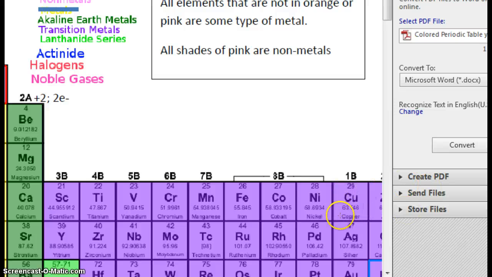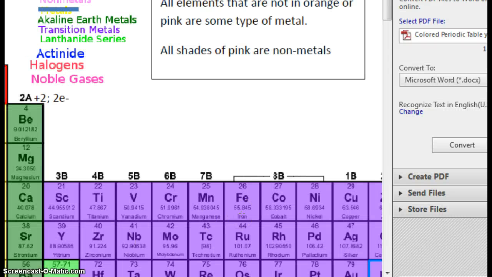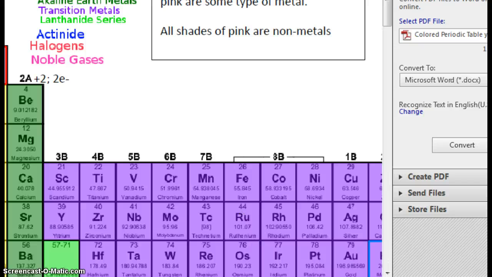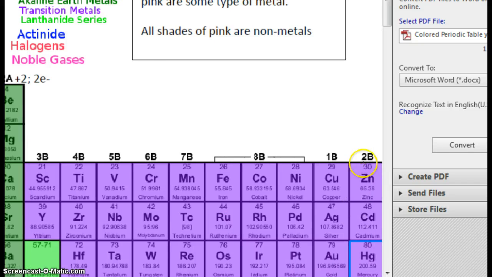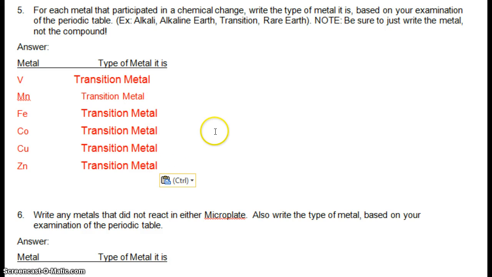Here's copper. So copper is a what? Copper too is a transition metal. And lastly, we have zinc. Zinc is Zn. And zinc is right here. So what group does zinc belong to? It too is a transition metal. Looks to me like we got a pattern.